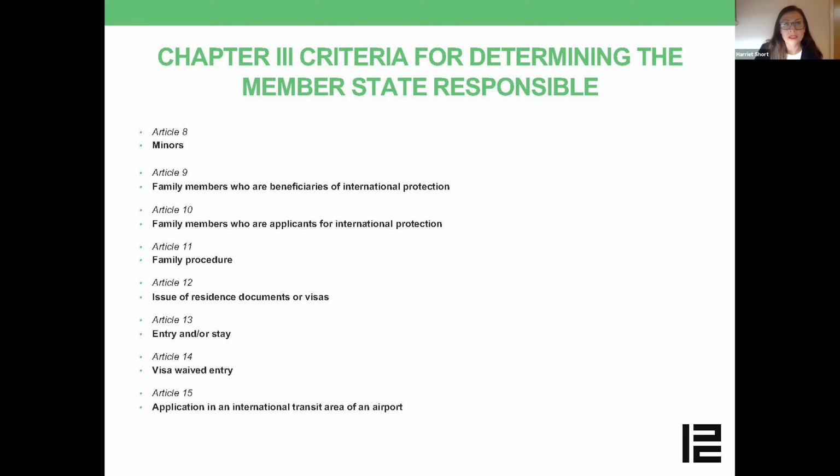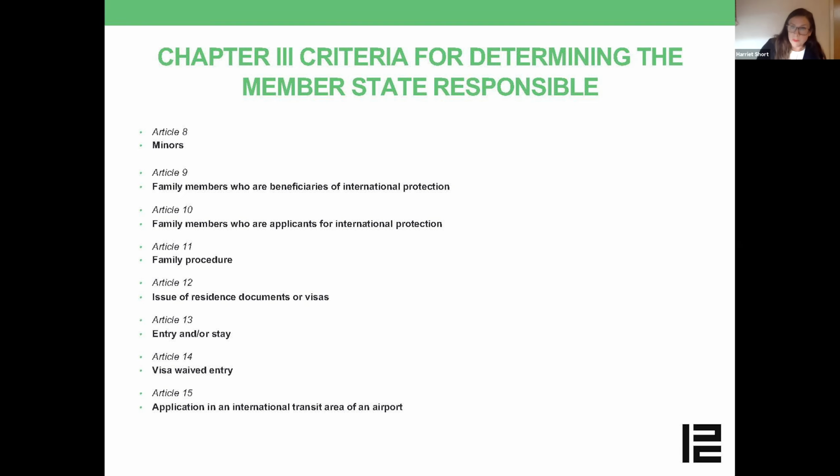And in very brief compass, how this has worked in practice, like Nina's example in the panel discussion, is that if you have, for example, an unaccompanied child who's crossed a border into one Dublin state, for example, Greece, but they have an uncle in a second Dublin state, here the UK, Greece can ask the UK to take charge of the applicant's asylum application because family member for a minor is higher up the hierarchy. And you can see that having passed through a safe third country, having crossed a border irregularly, Article 13, is quite low on the list of criteria.